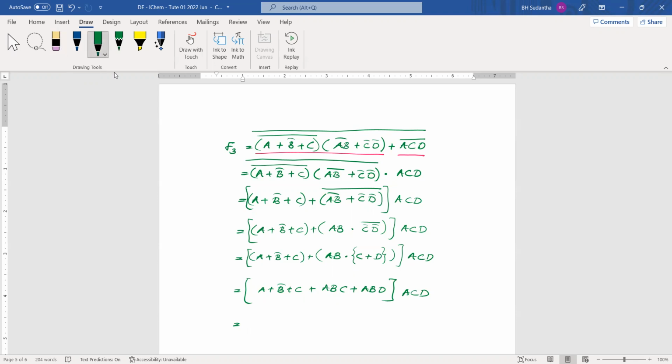When we do it, this is ACD, this is AB bar CD, this is again ACD, this is ABC already there. Then this is ABCD, ABD, ABCD.